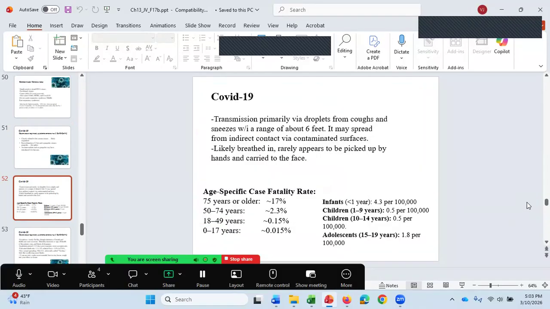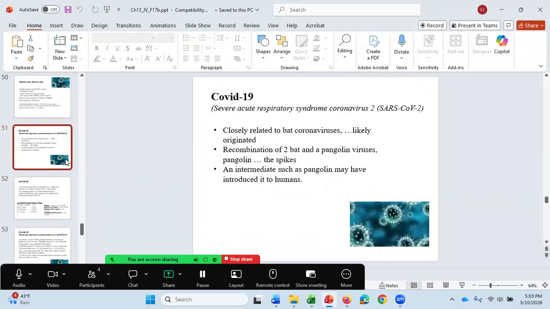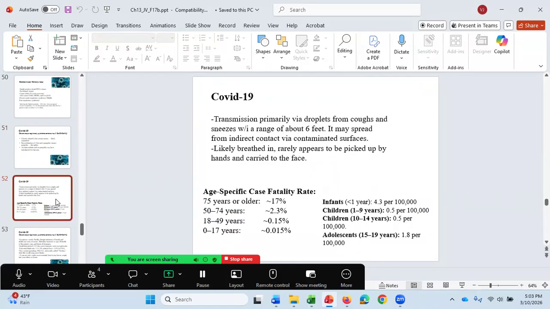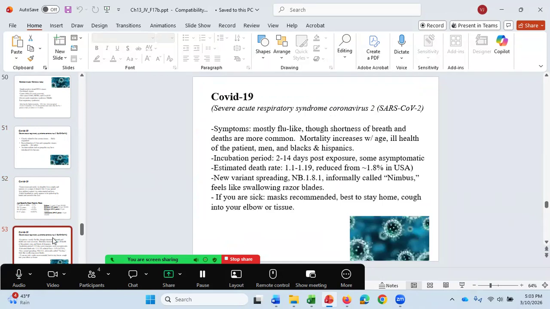I have that we were talking about COVID-19. Is that right? I usually have a 2 in here. I'm not finding that. Oh, there it is.